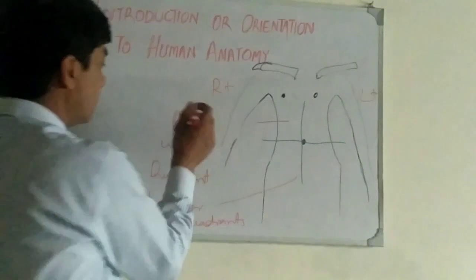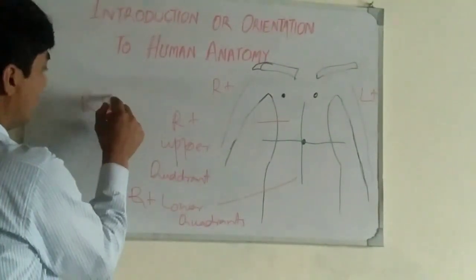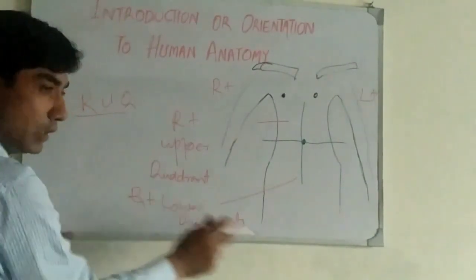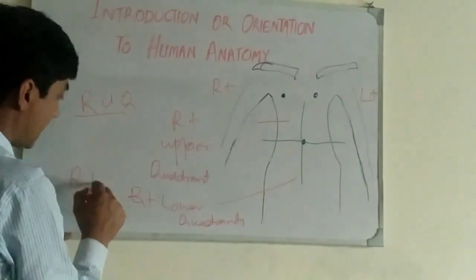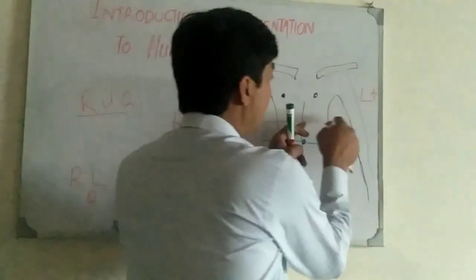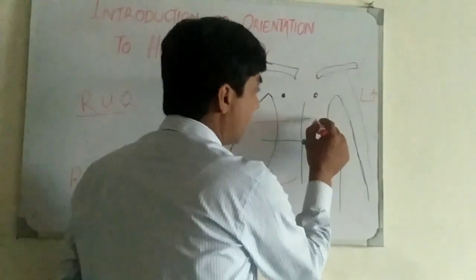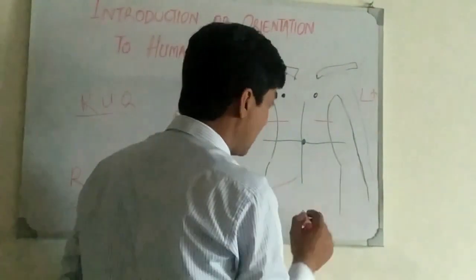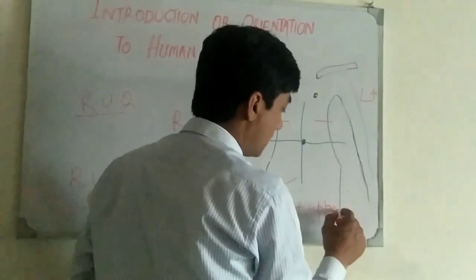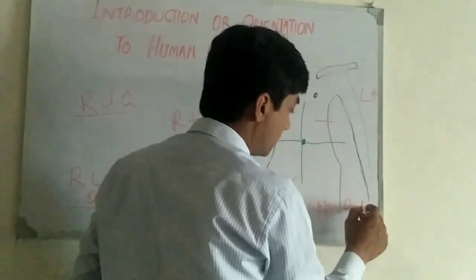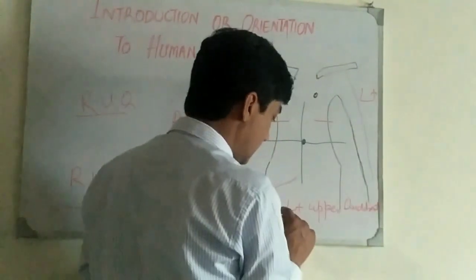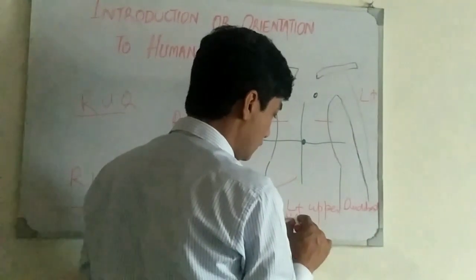Simply we denote it RUQ, right upper quadrant, and right lower quadrant, RLQ. Moving towards the left side, this is the upper side and left side, so this is called left upper quadrant, simply called LUQ.